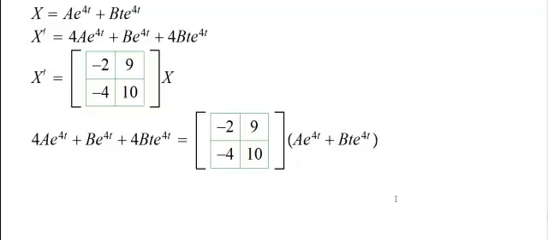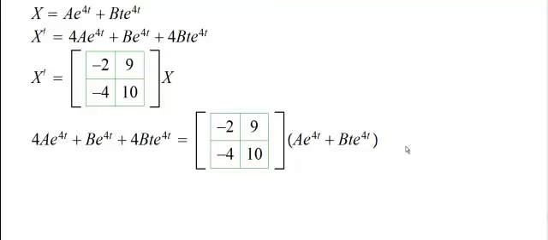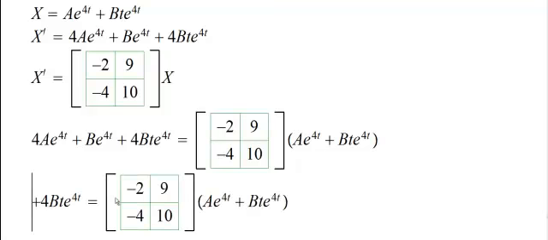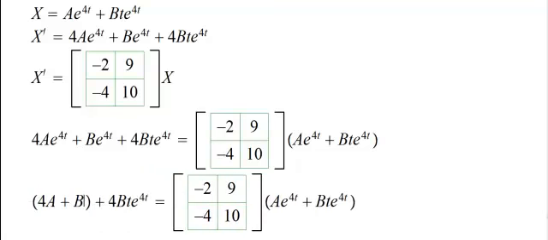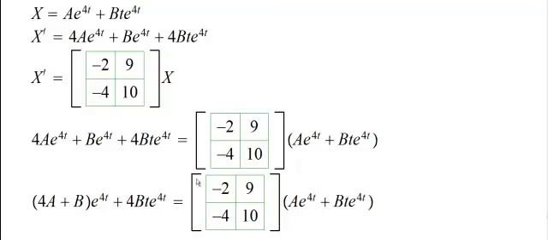Everybody fine? Okay. So then notice this. Here I have 4a plus b times e to the 4t, right? Everybody good? All right.